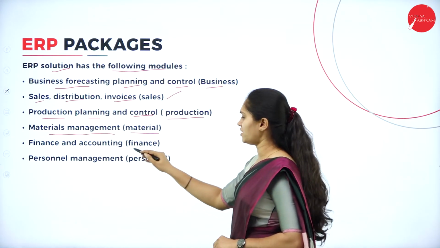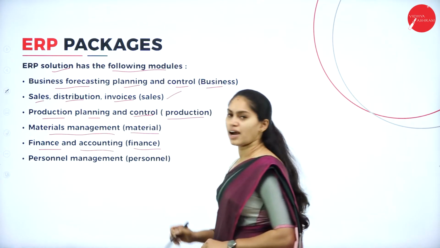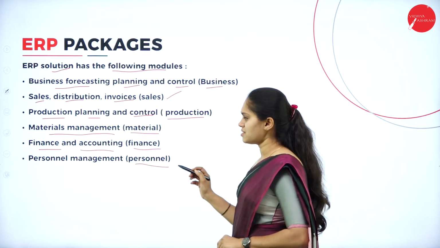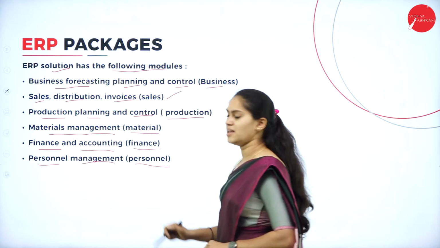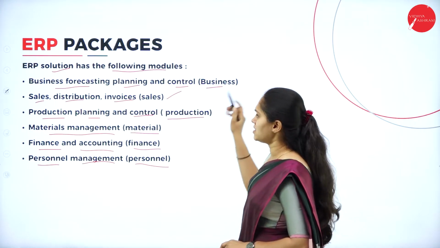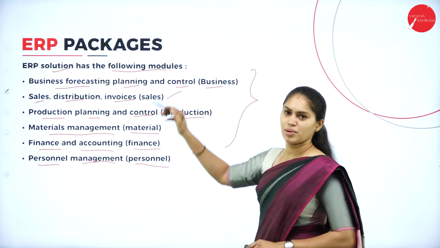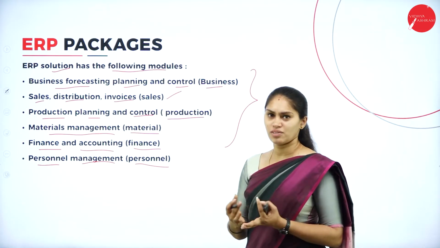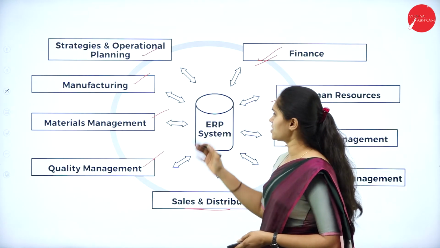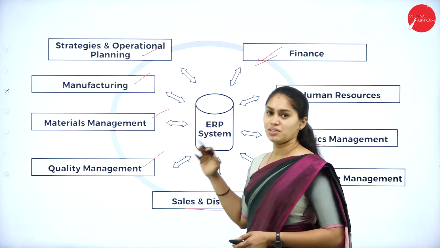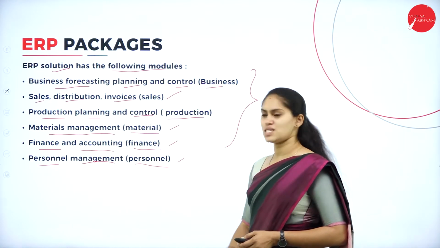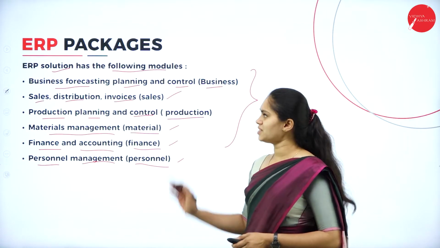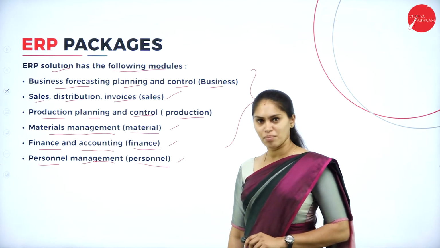In the field of finance, it has finance and accounting, and in the field of personnel, it is mainly related to human resources, that is personnel management. So this is how the modules of the ERP packages consist. It will have things related to sales, production, manufacturing, and it includes material, personnel as well as financial. This is related to ERP packages.